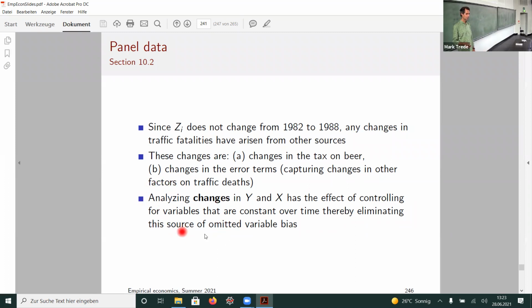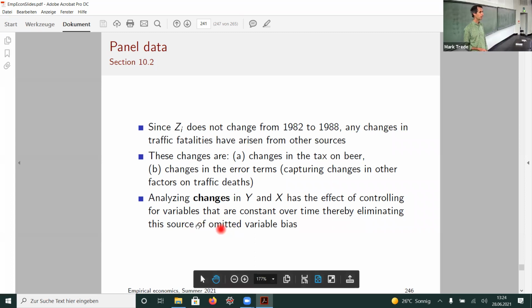Okay, so the important point here is that if we look at the changes, then we're actually controlling for all the variables that do not change over time, because the change in those variables is zero and they just disappear. Okay, so that's a very powerful method, because the usual criticism that there are omitted variables doesn't apply here.